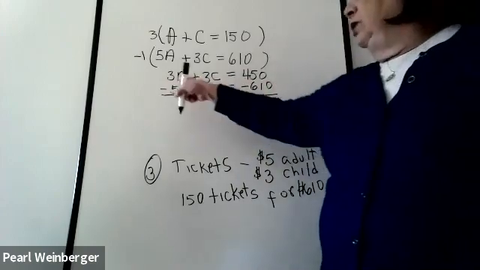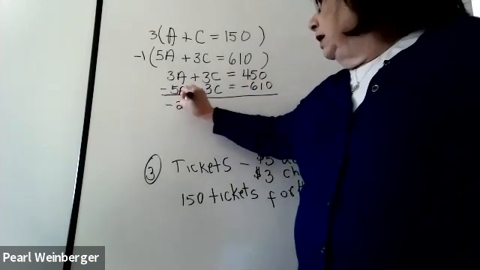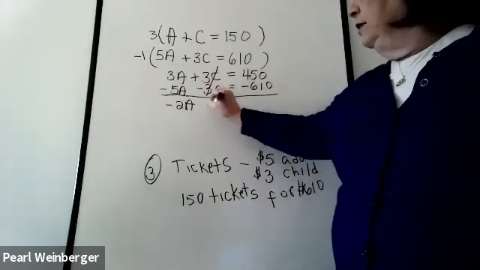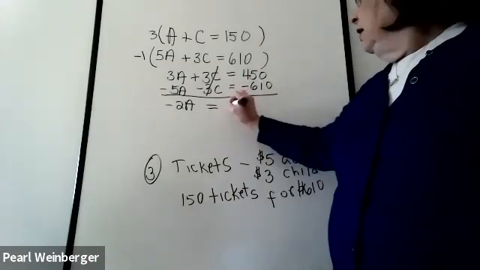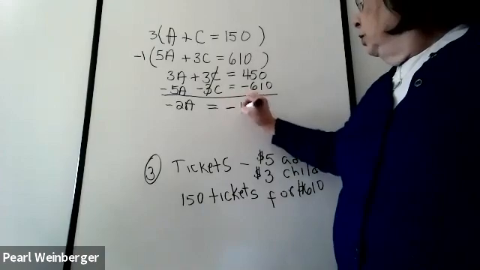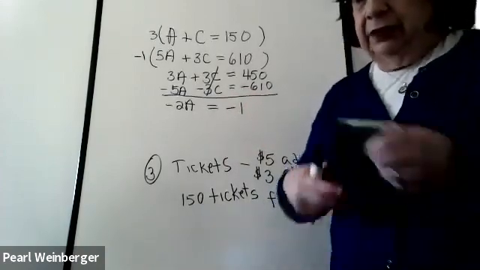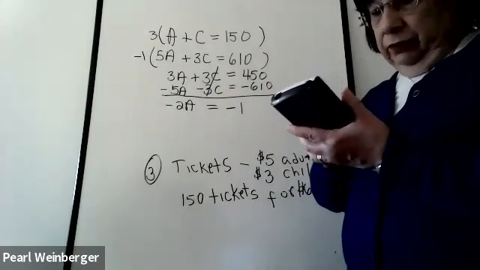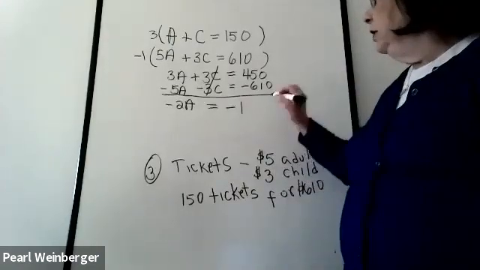When we add these two equations down, 3A and negative 5A gives me negative 2A. 3C and negative 3C cancel out. 450 and negative 610 gives me negative... let me not guess on this, I'll do this on my calculator. Negative 160.